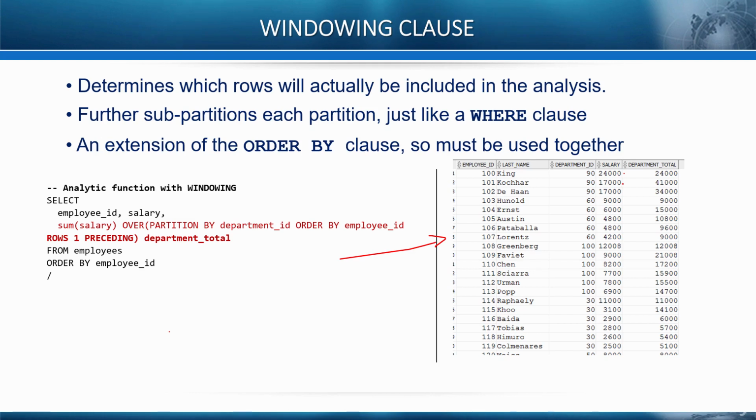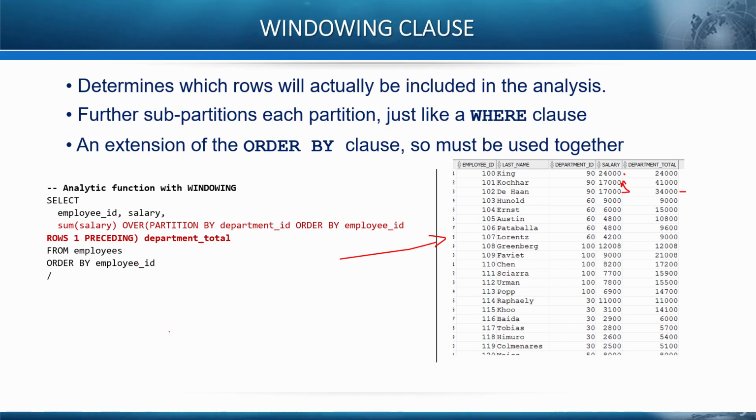And because we are summing the current row and one preceding row, we are summing the first and the previous salaries. But if you go to De Haan, who is the third employee on the list and belongs to that same department, then you see that his running total is the sum of his salary and the salary of the person immediately preceding him, excluding the first employee. So the cumulative total for this third employee is 34,000, which is 17,000 plus 17,000.